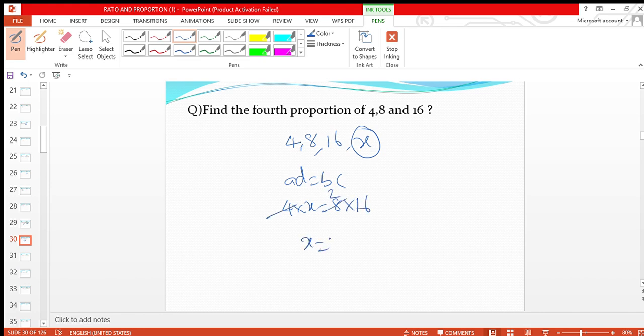X is equal to 32. The fourth term is 32.